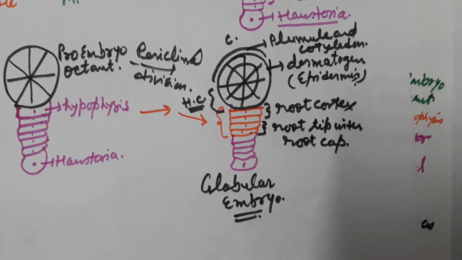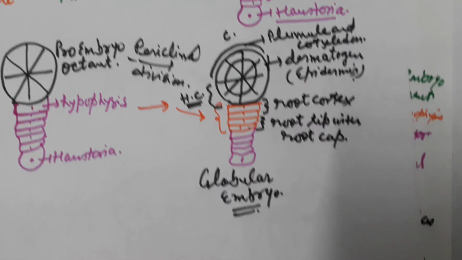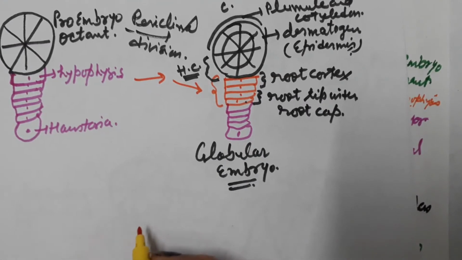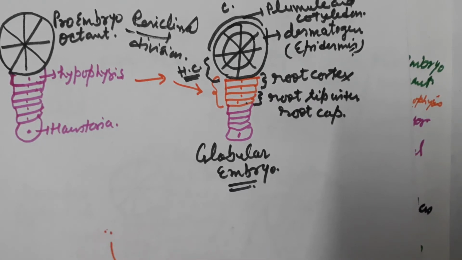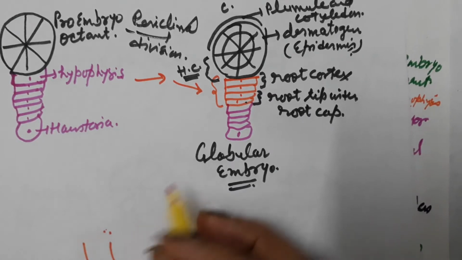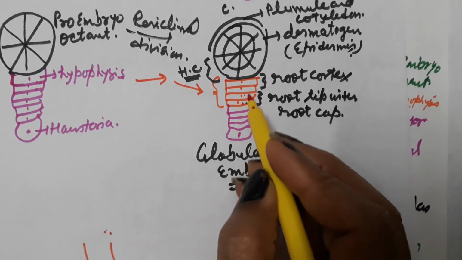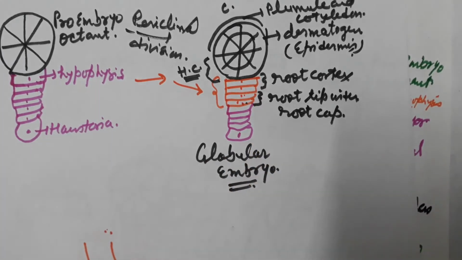This is the structure I am going to draw here, developed from these 4 cells of the hypophysis: root tips with root cap.